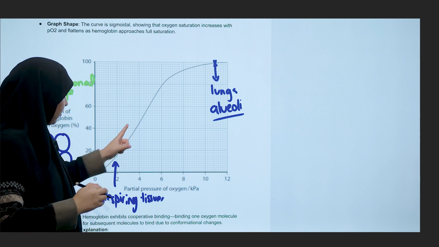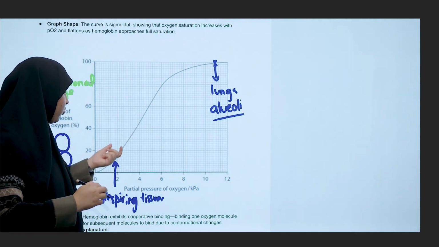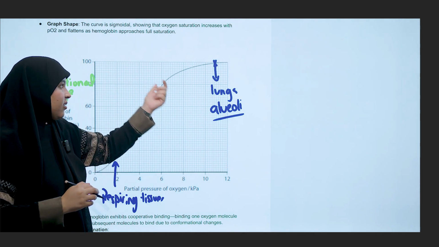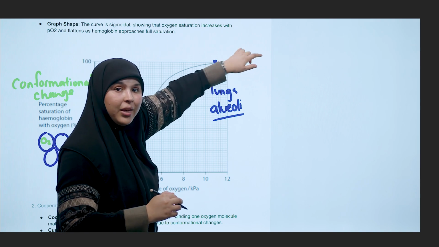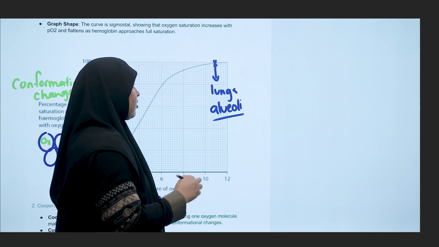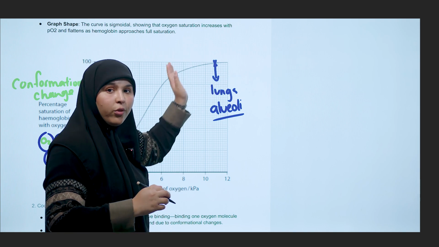And then it will start being loaded with oxygen, let's say 25%, and then 50%, 75%, and then 100%. Why can it not keep going up? Because it's already saturated. All the sites are now filled with oxygen.